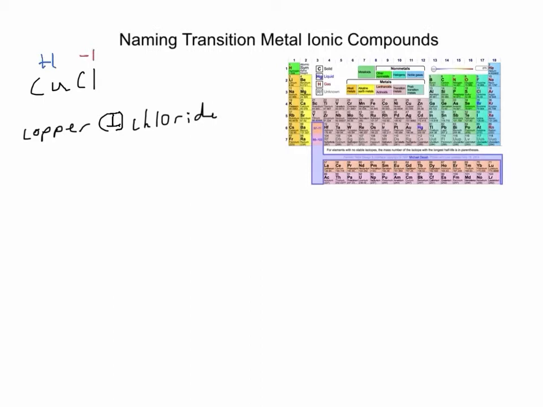Let's look at another copper chloride. Let's look at CuCl2. Again, we know it's copper. We don't know the charge, but we know it's chloride. For the Roman numeral, what do we know?